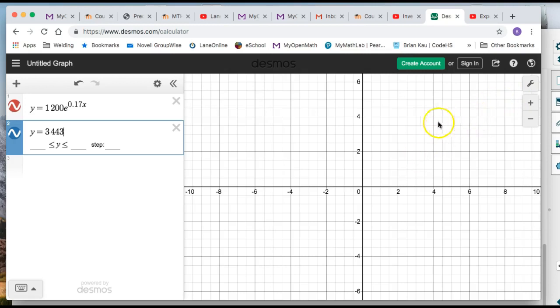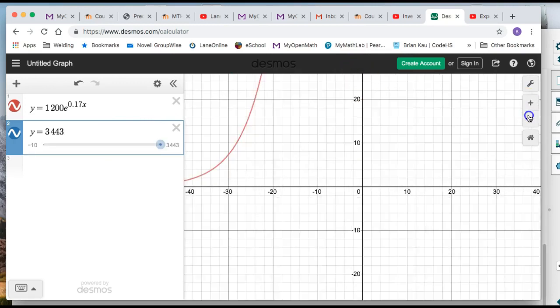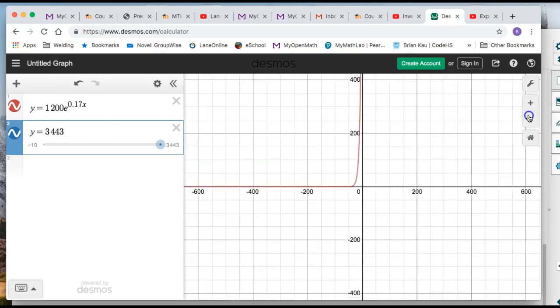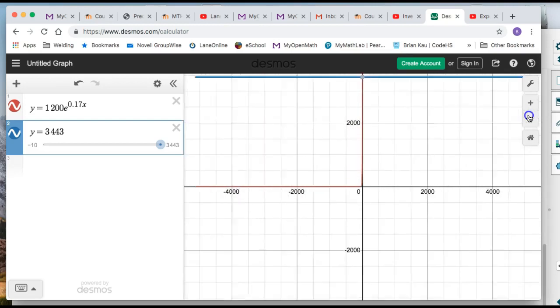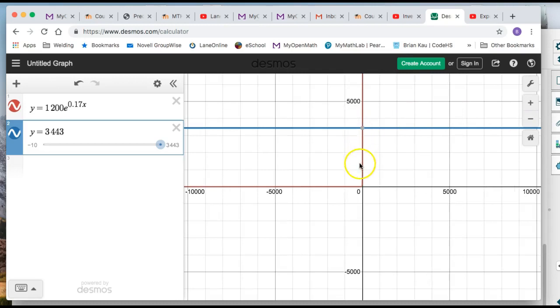So we're far away from this. We've got to go to 3443 up on the y-axis, so I'm going to have to zoom out a lot. There it is, 3443.